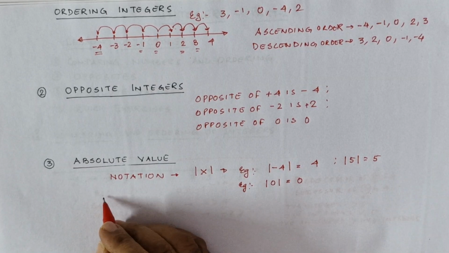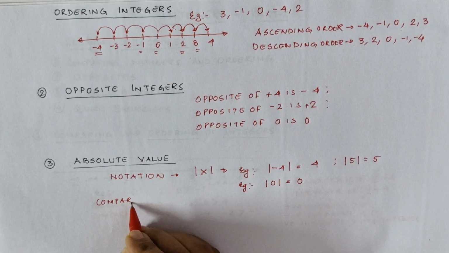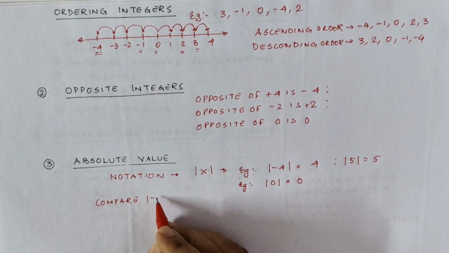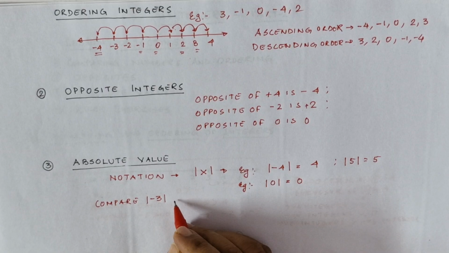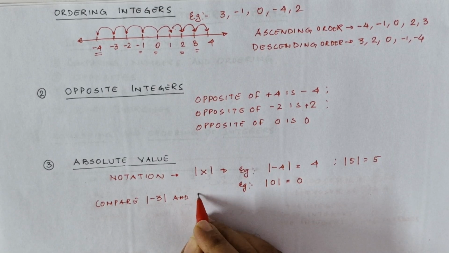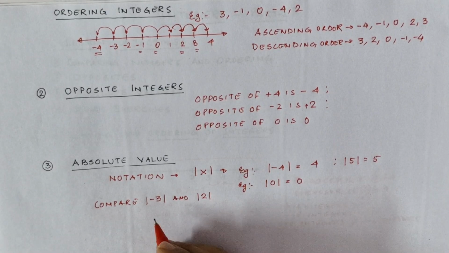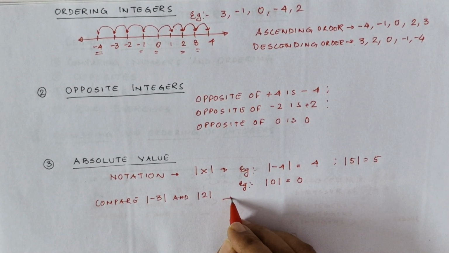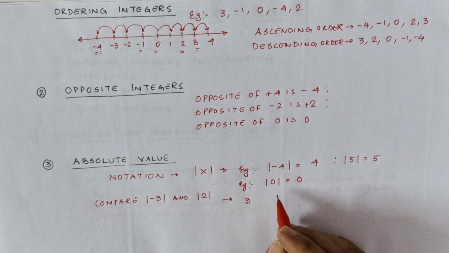Now, if you get a question like this, compare absolute value of minus 3 and absolute value of 2. So which one is greater? You know that absolute value of minus 3 is 3 and absolute value of 2 is 2.